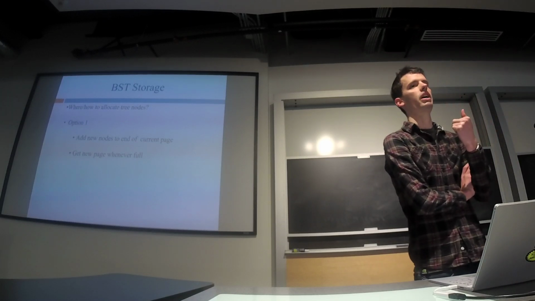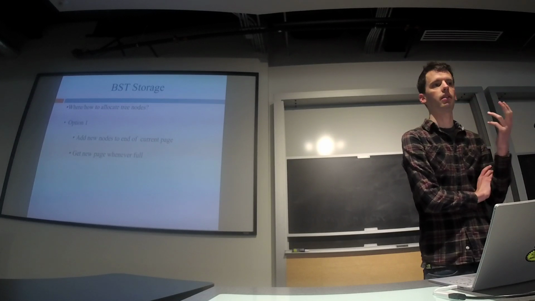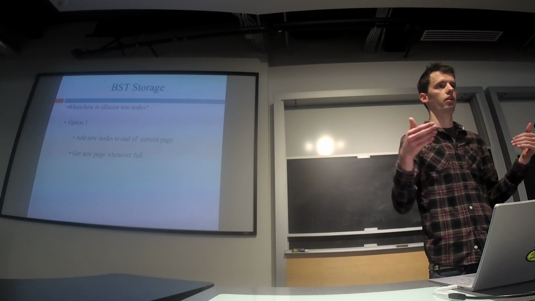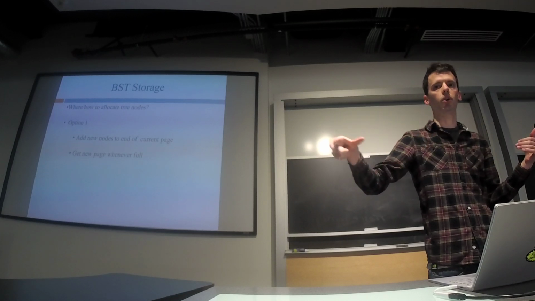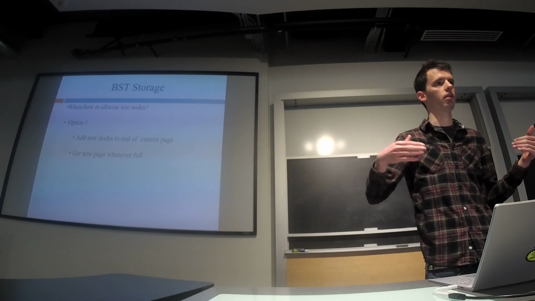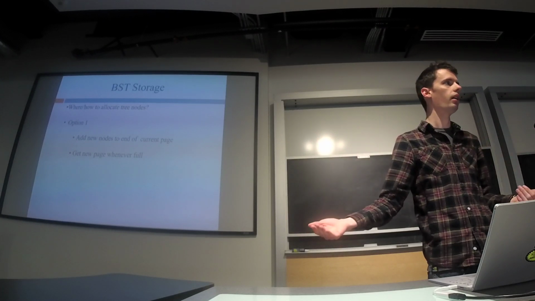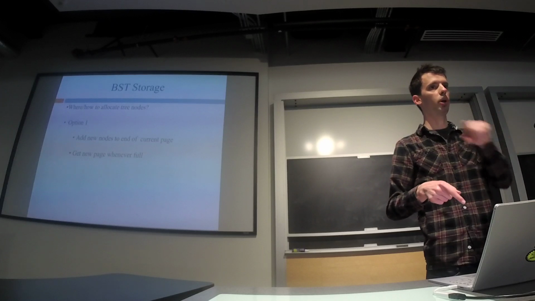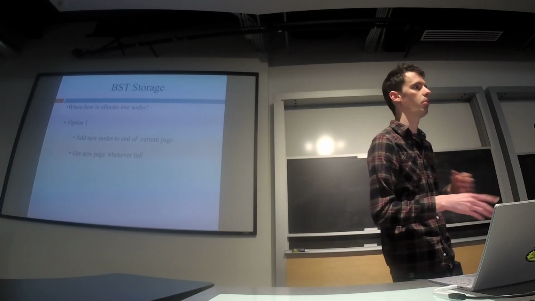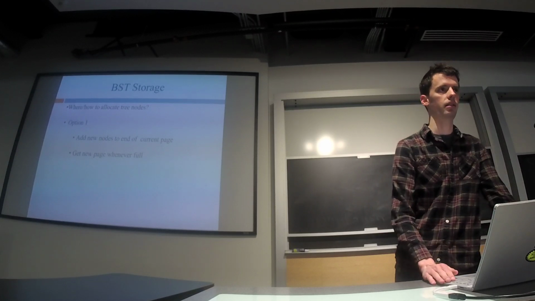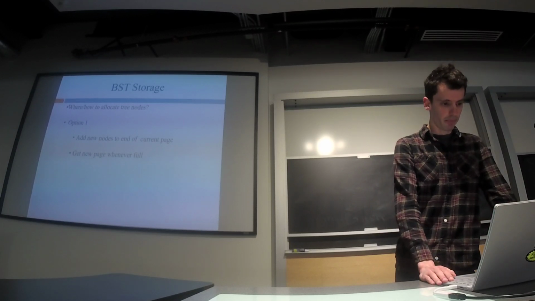So our allocation strategy, a very simple thing to try, is just keep track of whatever the current page is that you're filling up, and just put the new node at the end of the page until that page is full, then get a new one. Start putting nodes in there. And then all you need to do is make sure that the pointers all go to the right places. So they might be jumping all over pages. But let's try this and see what we end up with.